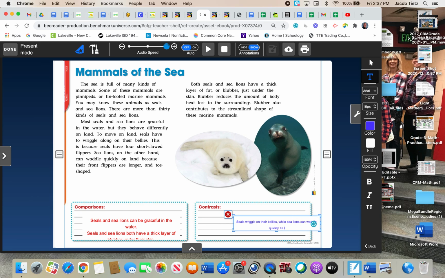We could say that the reason seals have to wriggle on their bellies is that seals have short clawed flippers while sea lions have toe-shaped flippers.